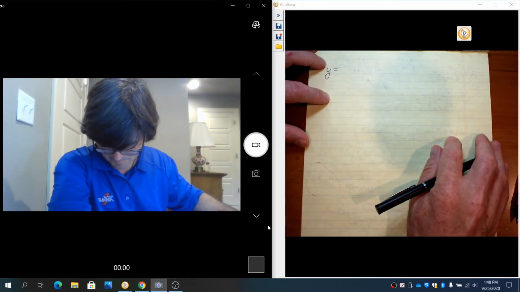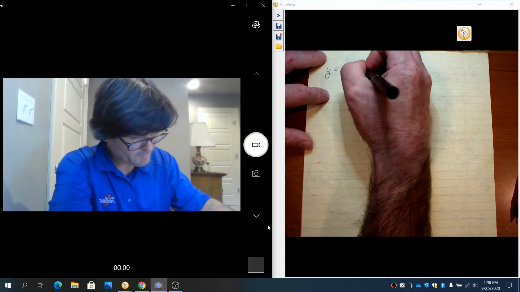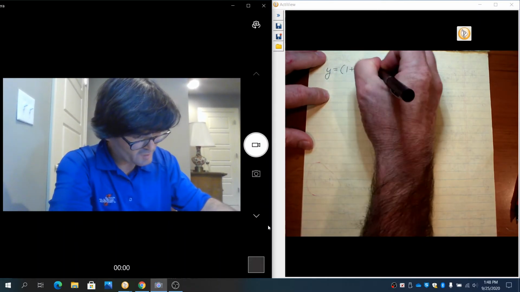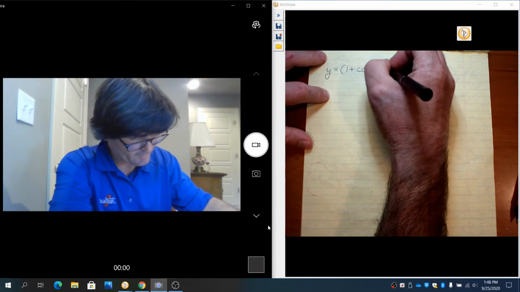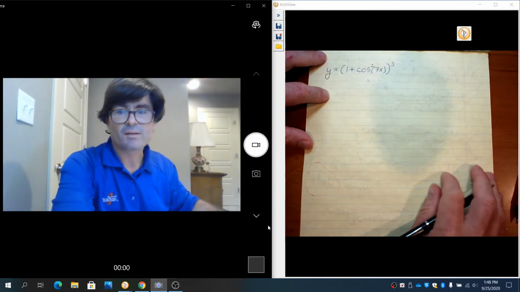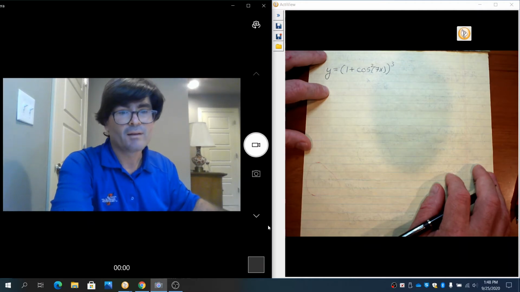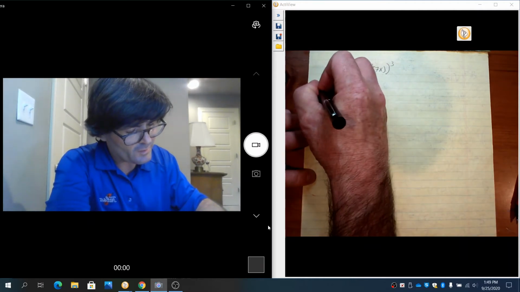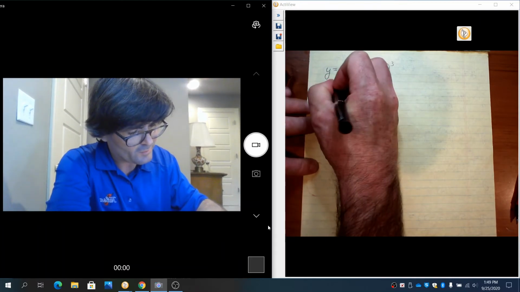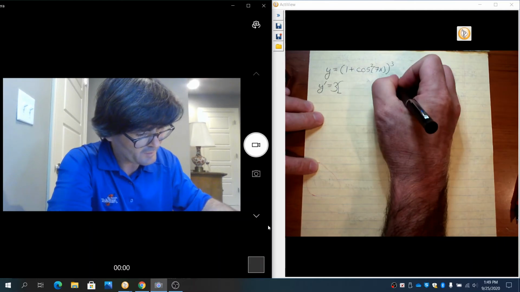Y equals 1 plus cosine squared of 7x. All of that is going to be cubed. Now this is going to be a triple nested chain rule. Holy smokes. But we're going to start out just like any other chain rule. We're going to do y prime equals 3. I'm going to use brackets here just to keep everything clean.